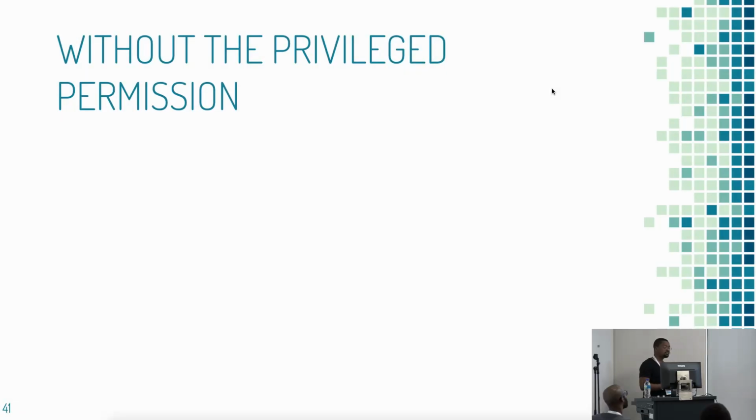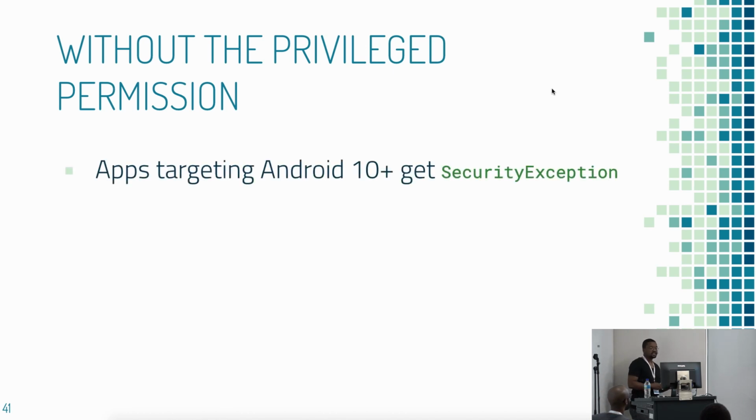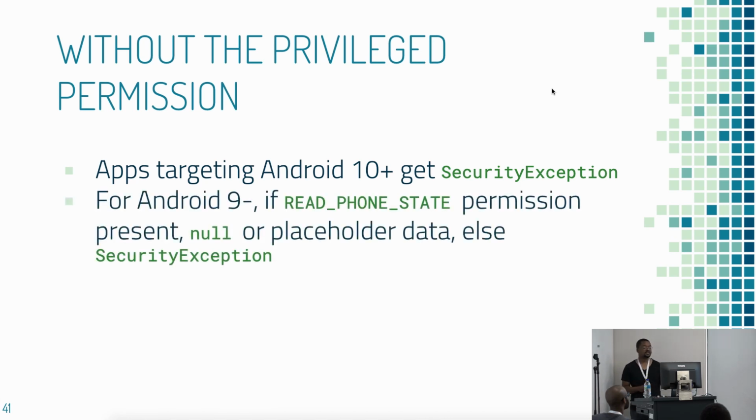So without the permission privileged, so that special permission access, apps targeting Android 10 will get a security exception, and then apps targeting Android 9 and below, if the read phone state permission is present, you'll get null or a placeholder data, else you will get a security exception.